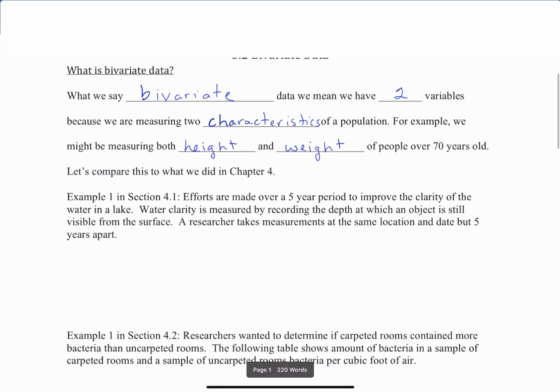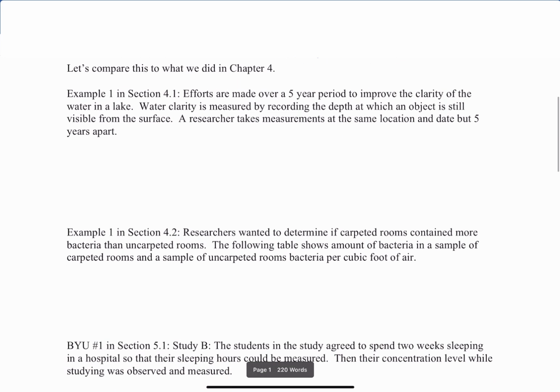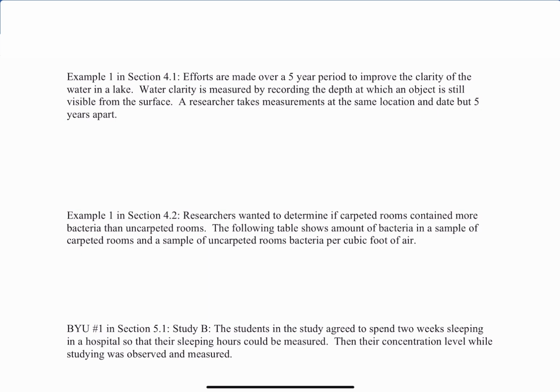So if you look at example 1 in section 4.1, that one said, efforts are made over a 5-year period to improve the clarity of water in a lake. Water clarity is measured by recording the depth at which an object is still visible from the surface. A researcher takes measurements at the same location and date, but 5 years apart. We considered that to be two populations.